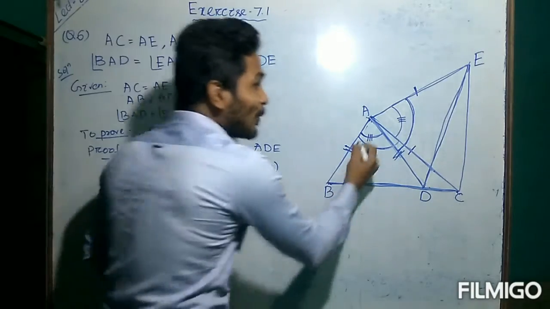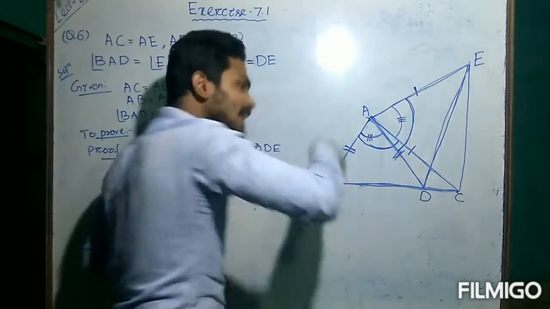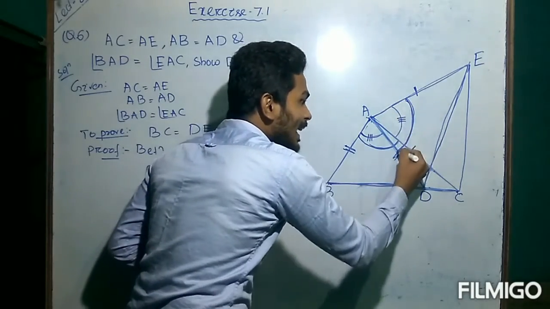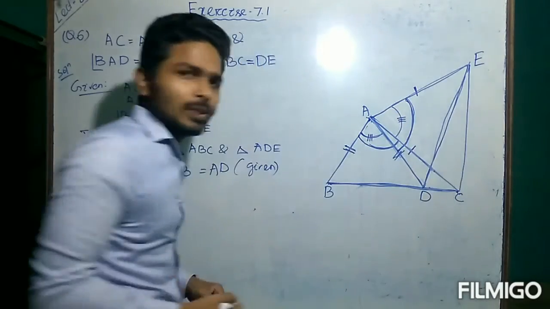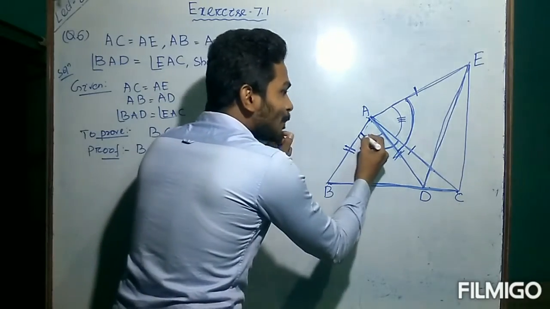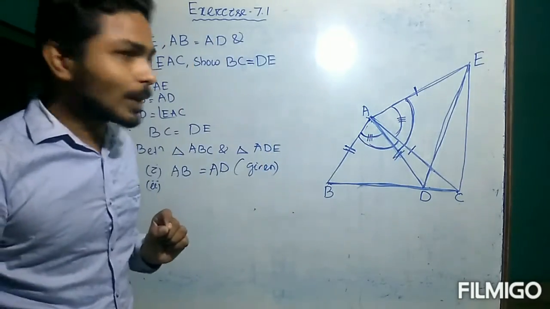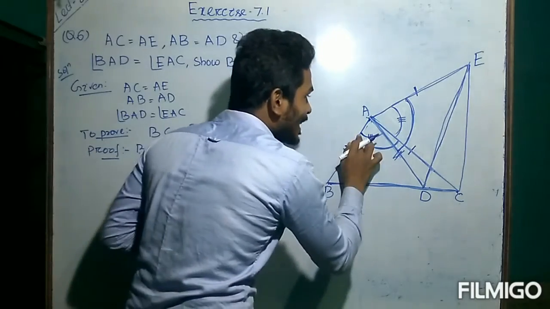But we don't know whether this angle of triangle ABC is equal to this total angle A of triangle ADE. Did you know it? No, we don't know it. We only know that this small angle is equal to this small angle. So let us find how they are equal.